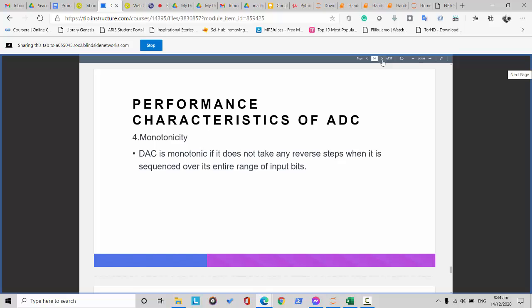Finally, we have the settling time. That is the time it takes a DAC to settle within plus minus half of the least significant bit of its final value when a change occurs in the input code.